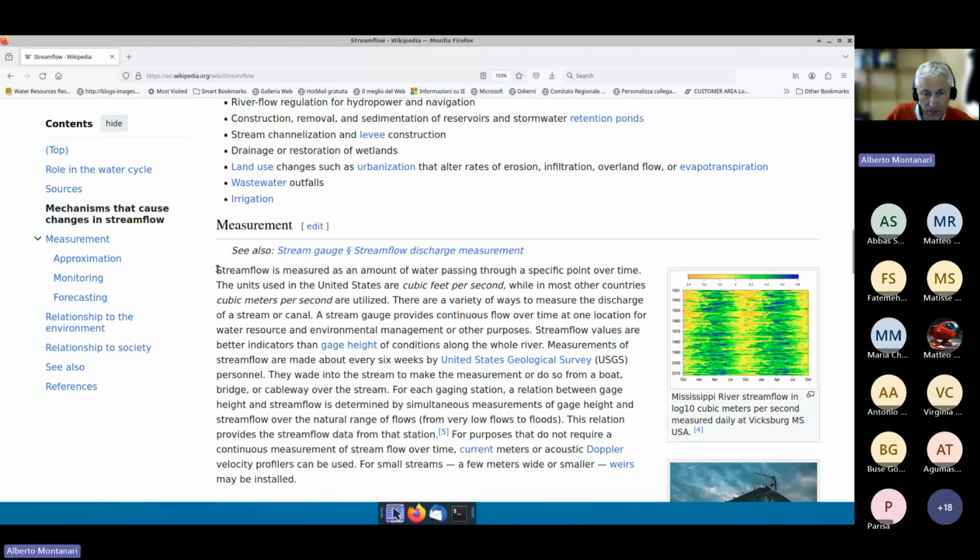No, it's defined here. It's not precisely the definition, but it tells how it's measured, which we can take as a definition. Stream flow is measured as an amount, volume, I would say, of water passing through a specific point over time. And typically, for rivers, the point is a river cross section.